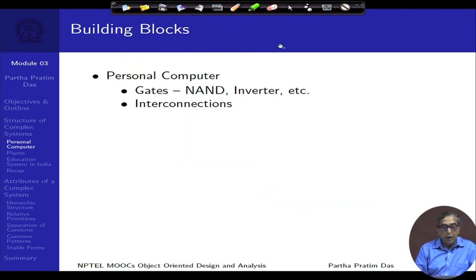So, at a basic level, we can see that the building block of a personal computer is something very generic. These are basically gates: NAND gate, inverter.